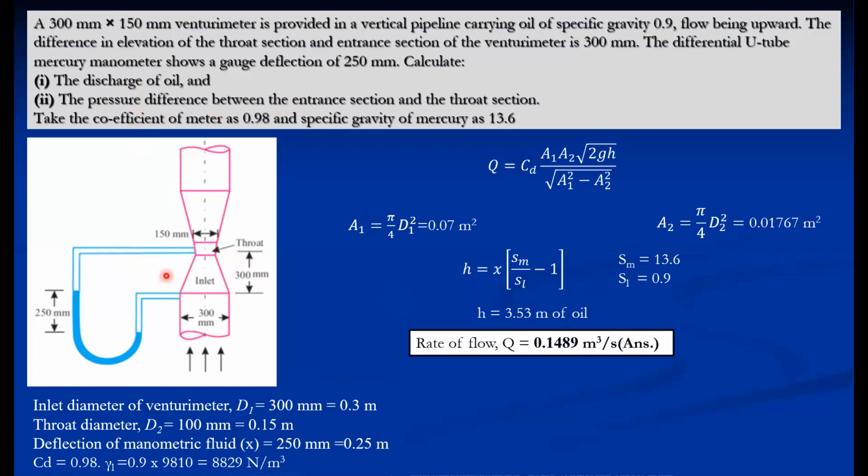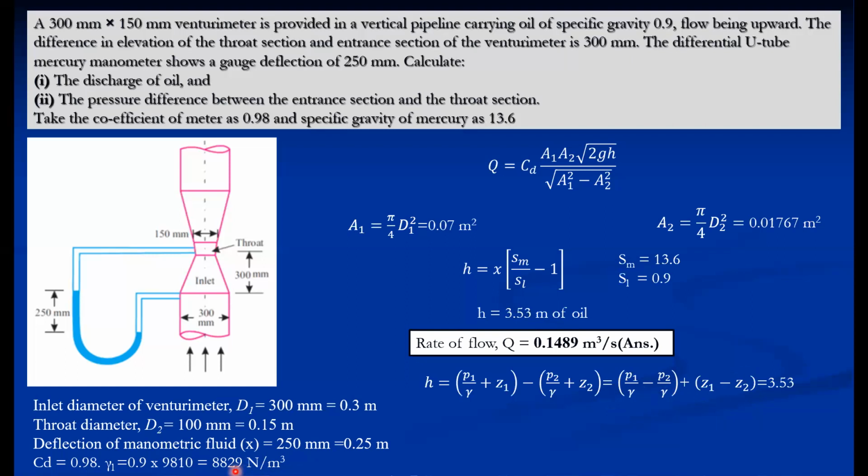Now the pressure difference we have to calculate because H is also called the difference in piezometric head. So we rearrange this: P1 minus P2 by gamma plus Z1 minus Z2. So this is 3.53 meter. This value is known to us, and the pressure difference, that is P1 minus P2, we have to determine.